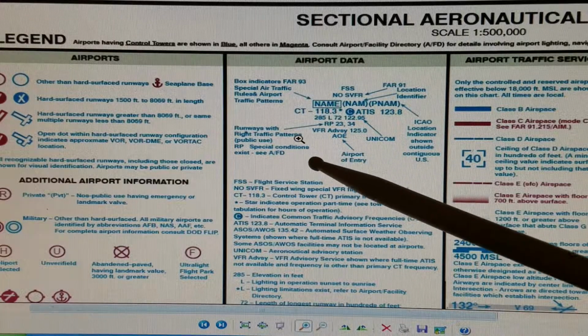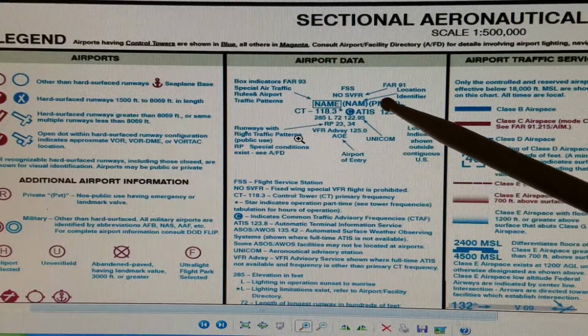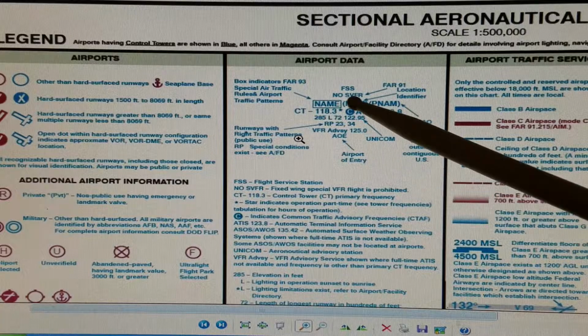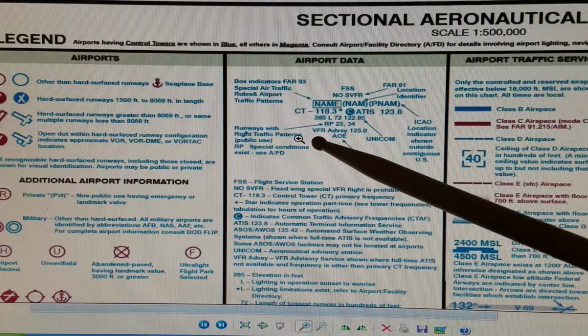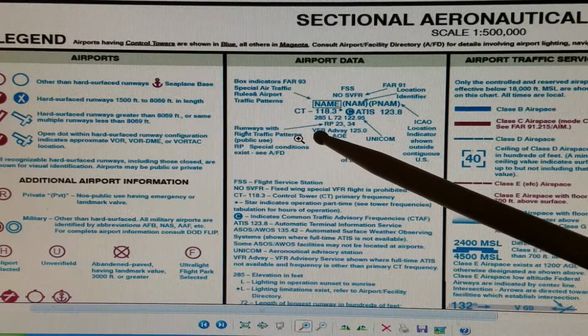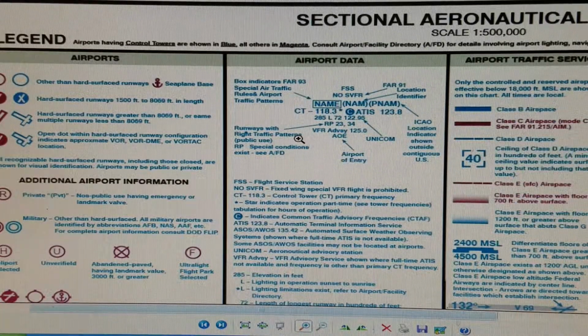And the main point I want to bring from this info area is I want you to note this is marked RP. Generally, the traffic pattern in any airport is left hand. The default traffic pattern is left hand traffic pattern.